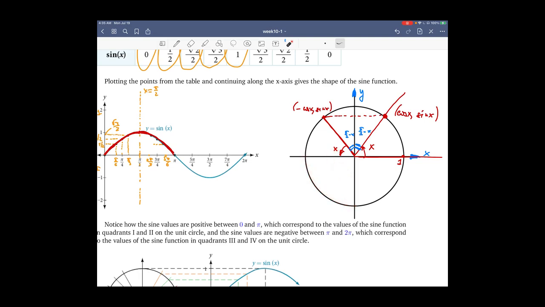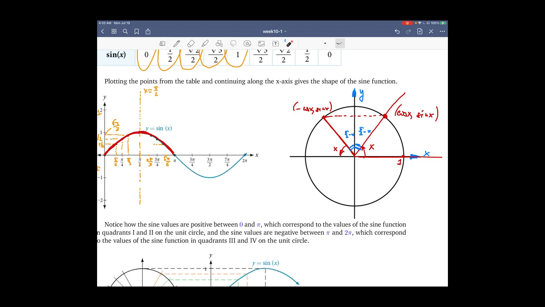And again, we can use some kind of symmetry here, but of a different kind now.